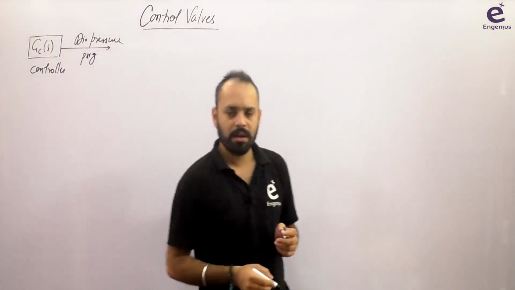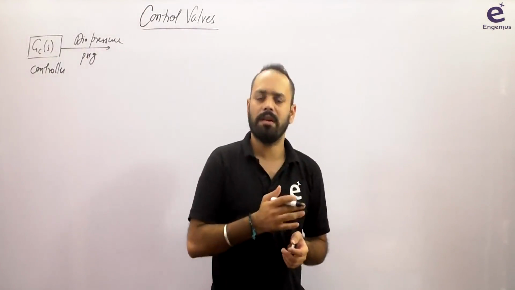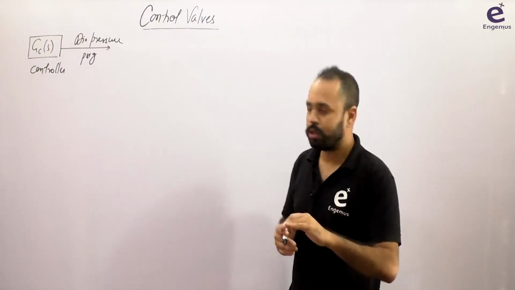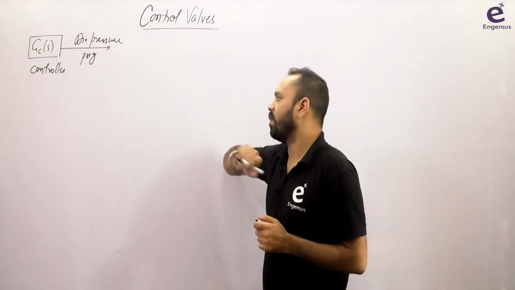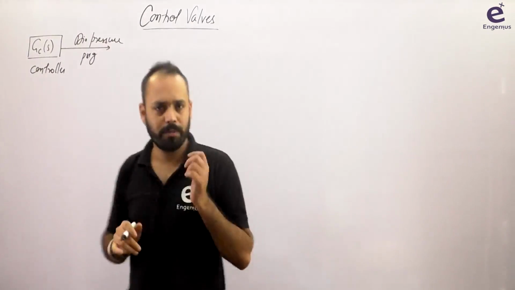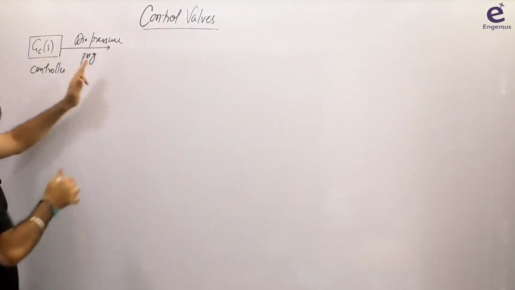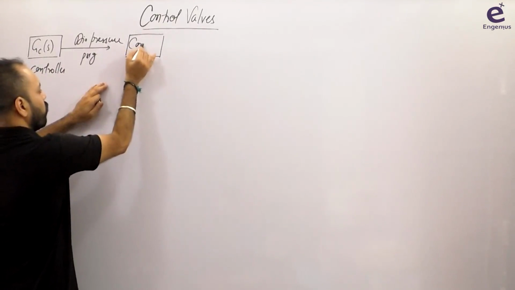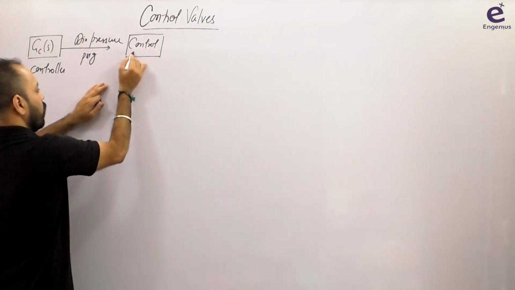IP transducer means it converts current signal into pressure: I for current, P for pressure. The IP transducer converts the current signal into the corresponding pressure signal. This air pressure goes to the control valve, right? Which is also called the final control element.